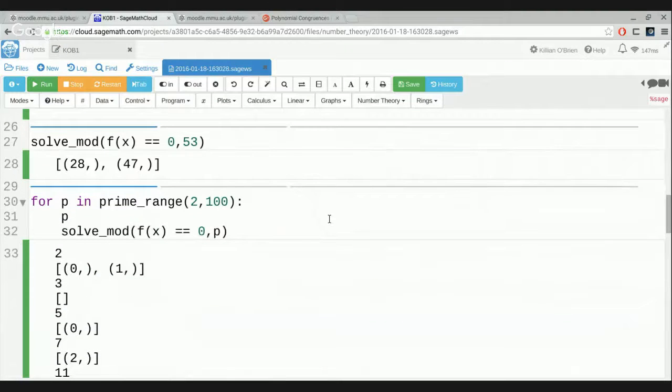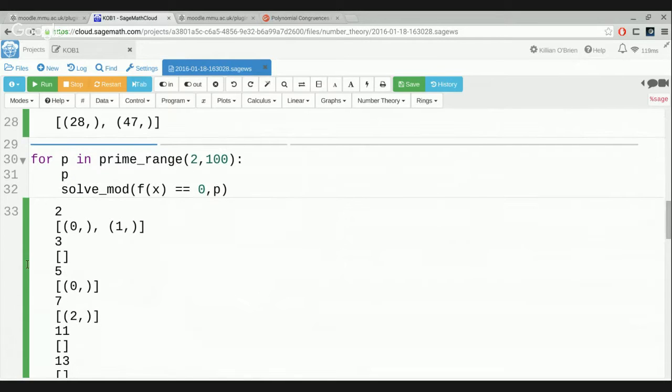I quickly ran through a loop. This is all the primes p between 2 and 100. We print p and print the solutions of f of x congruent to 0 modulo p. You see, most of the time we have two solutions there, but sometimes we have no solutions. See, the solutions should be in this pair of brackets here.